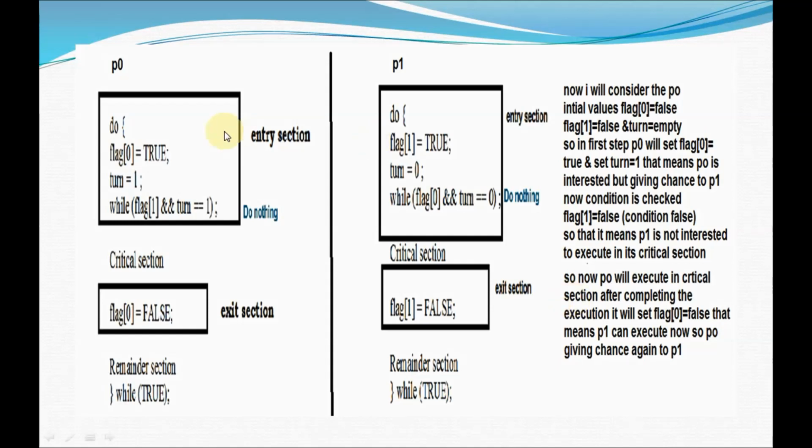I am giving P1 also a chance, so it won't starve for an unlimited amount of time. P1 will also get a chance, same as P0. Getting, guys? So the three conditions are met here.